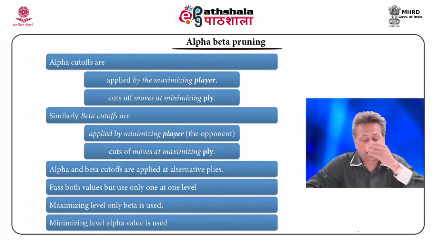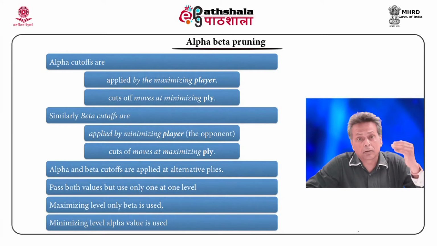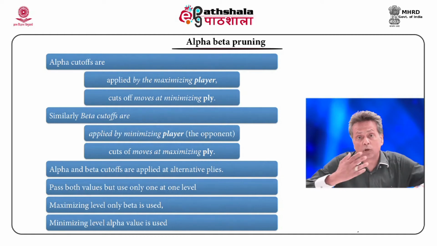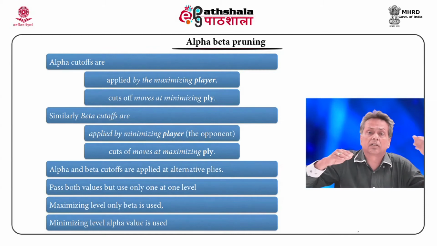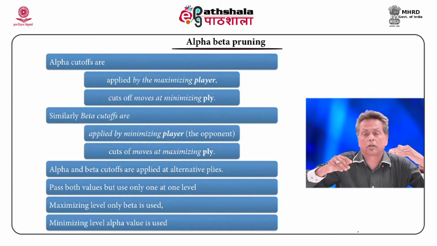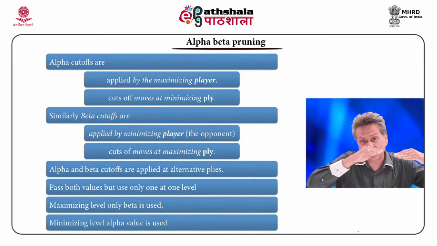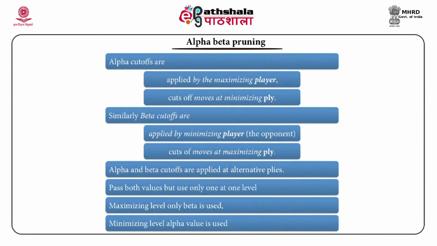Next layer alpha is applied. Interestingly, the alpha cutoffs are applied at the minimizing layer, and we'll see how it is done and why it is so, and vice versa. So at one layer we apply one type of cutoff, and the other cutoff is actually decided at that layer, which is applied in the next layer. It's seemingly quite complex, but we'll soon see how we can make it simple.